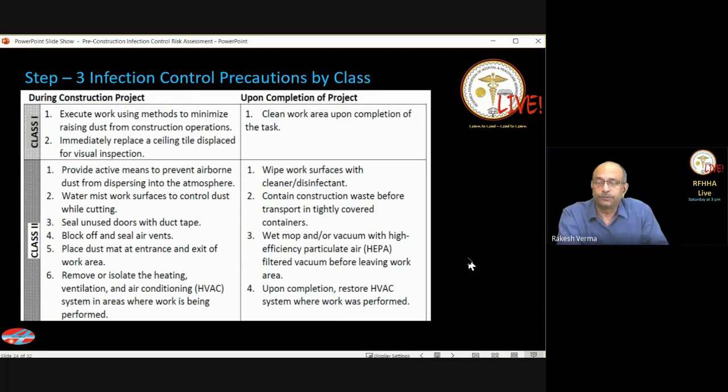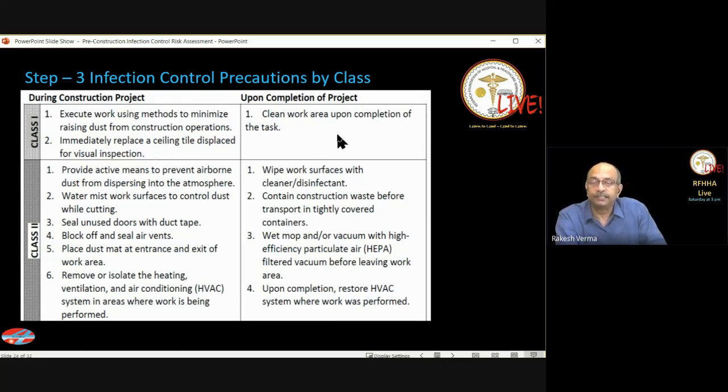But just to understand the concept, if you look at class 1 activities during the construction, it says to execute work using methods to minimize raising dust from the construction operations. Immediately replace a ceiling tile displaced for visual inspection. So if you have taken out a tile for inspection, immediately replace it. Don't leave it open.